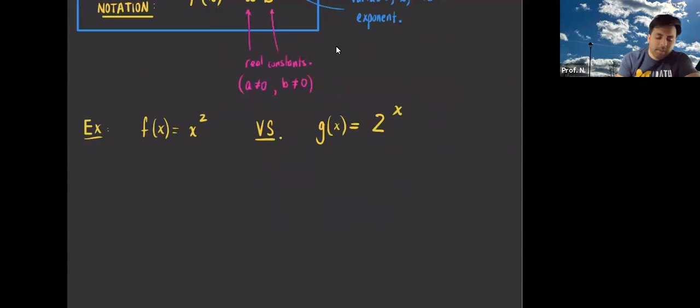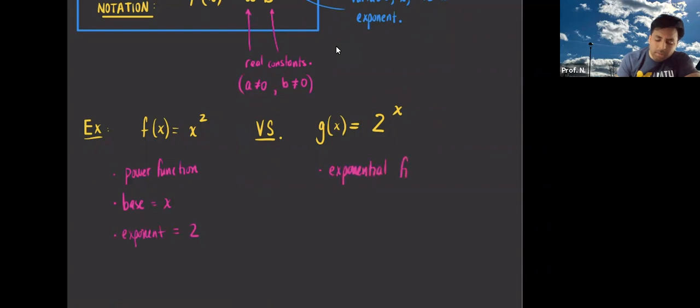They both have x's in them, and they both have 2's in them, but they're completely two different functions, right? On the left, you have what's called a power function. Your base is x, your exponent is 2. On the right side, you have what's called an exponential function.